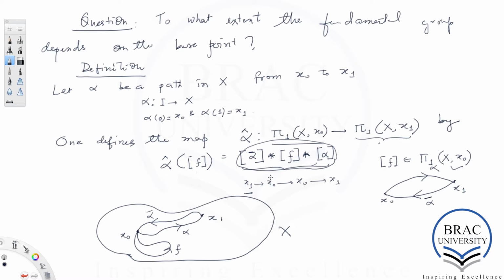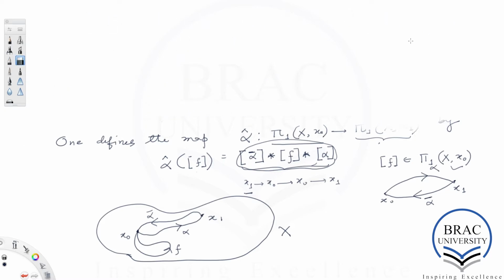Now, why is this alpha hat well defined? Since the operation star is a well defined product in the path homotopy classes. That is the reason this alpha hat is well defined.